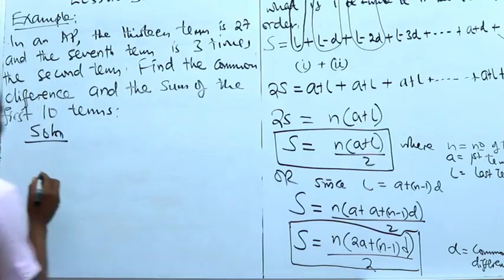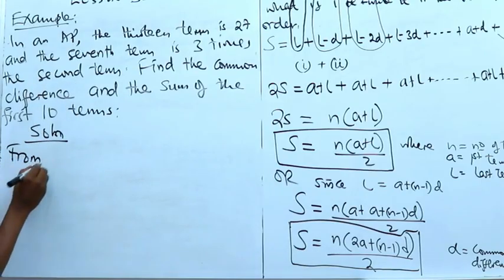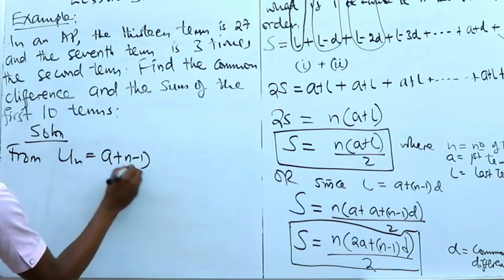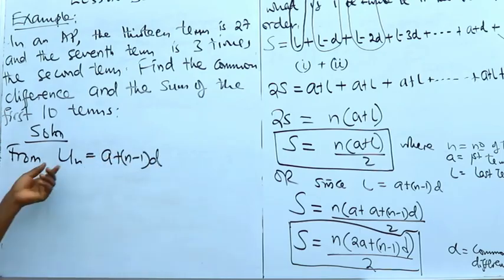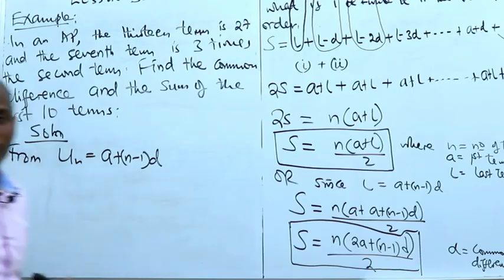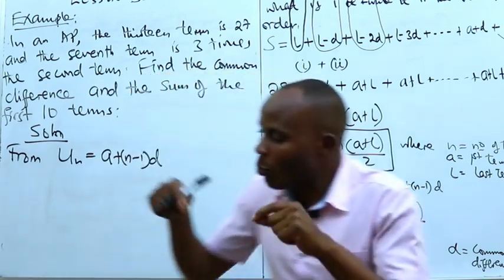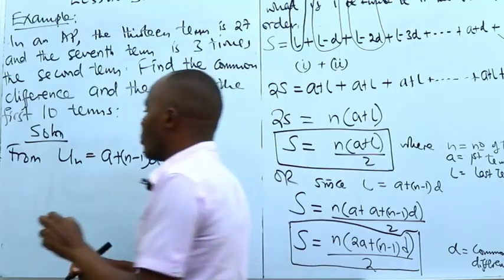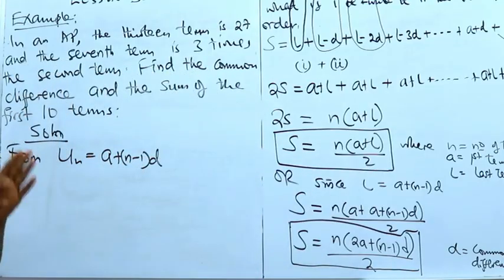Now, from Un, which is A plus n minus 1 into D, I said it can be used as the nth term, and it can also be used as the last term. In this case, we are going to use it as the nth term.